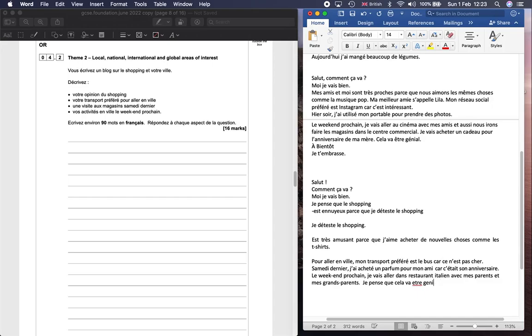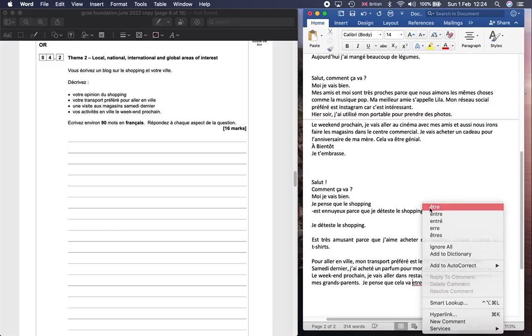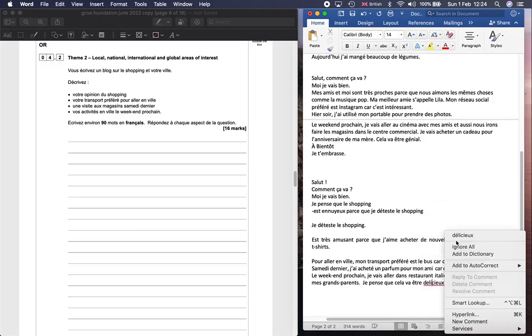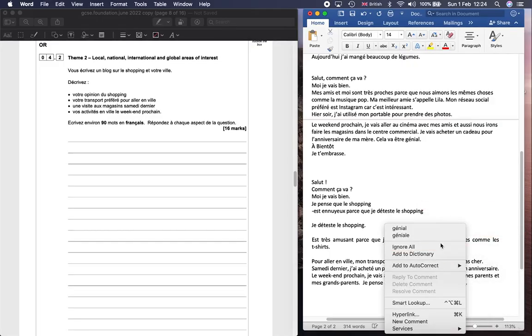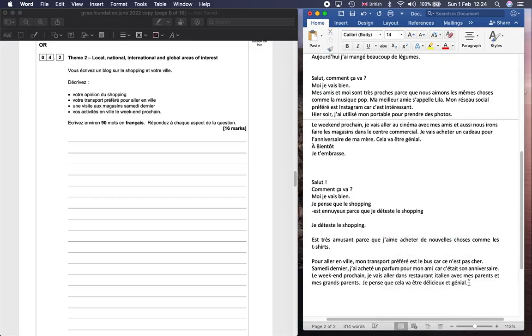Génial. I think it's going to be delicious and great. Je pense que cela va être délicieux et génial. Être, accent circonflexe, the letter hat. Délicieux, accent aigu. Et génial, accent aigu. Okay, let's see how many words do we have here. We have 92 words, so that's good.